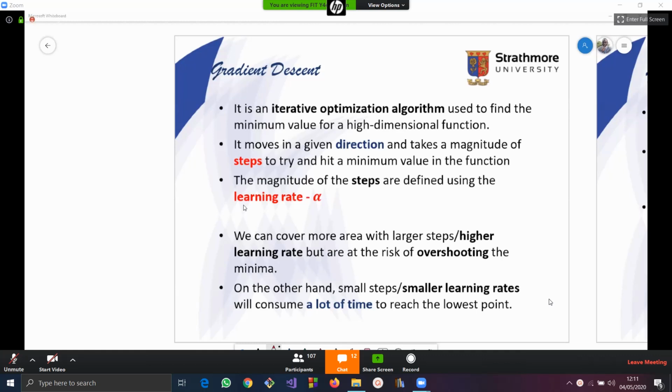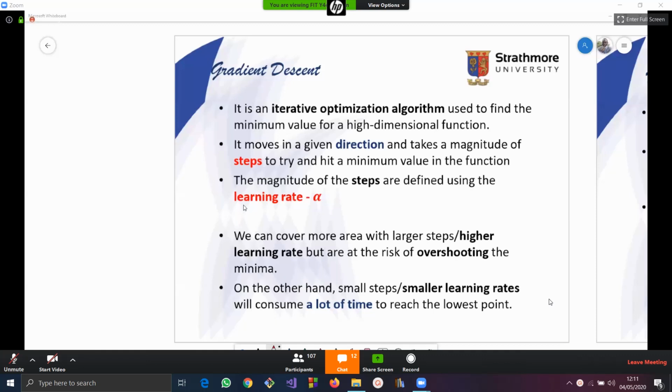We can cover more area with a larger learning rate, but the problem is that we can overshoot the minima. If you have a learning rate that is too high, you are not going to solve anything. And if your learning rate is too small, it's going to take a lot of time.